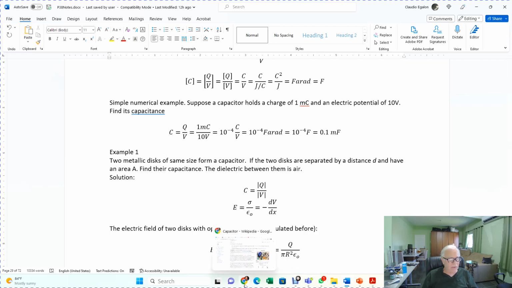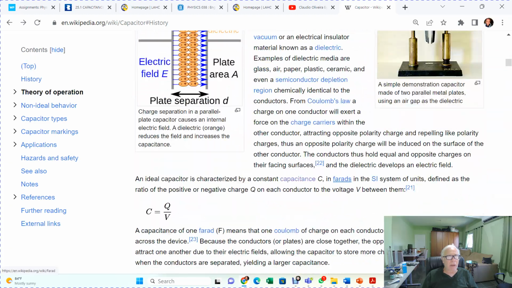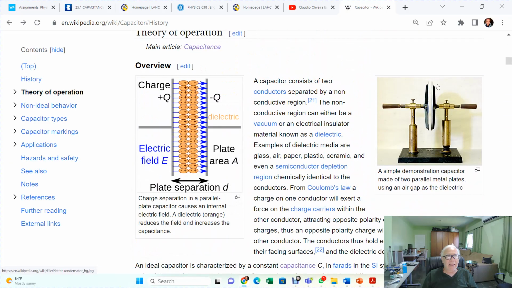Two metallic discs, just like you saw here in Wikipedia. One metallic disc, another metallic disc. Everything else that you see here is supposed to electrically insulate my capacitor from the surrounding environment. So here inside, even though it looks like it's a metal, inside this metal there must be a dielectric to electrically insulate the capacitor, okay?